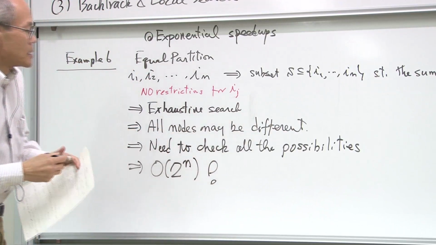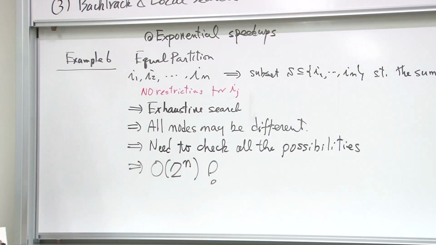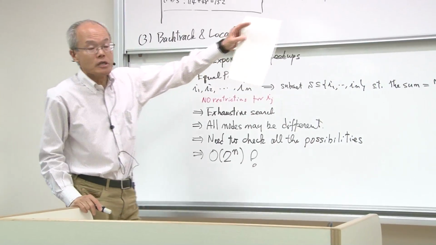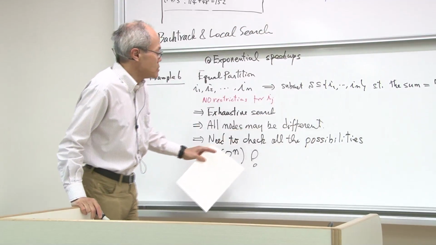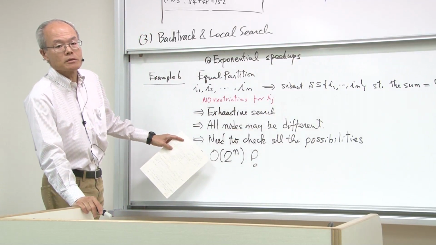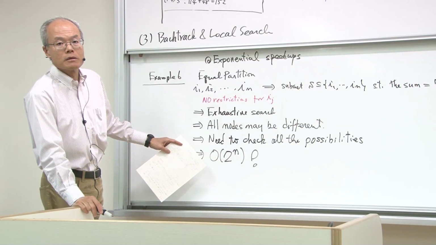So we may need to check all the possibilities, all the search trees. That means we need to check 2 to the n possibilities. This is pretty bad.